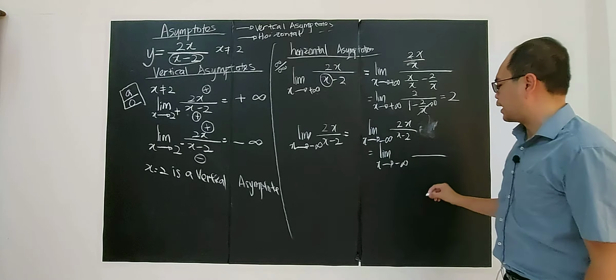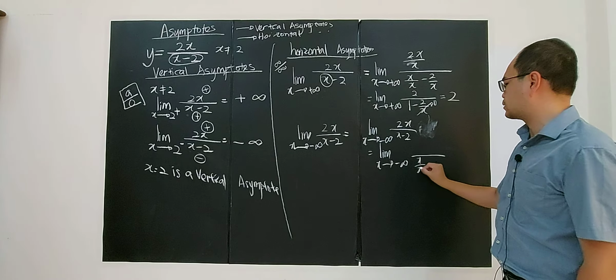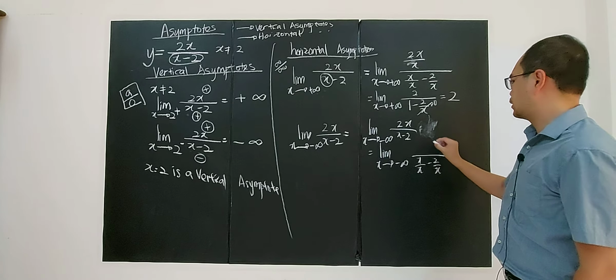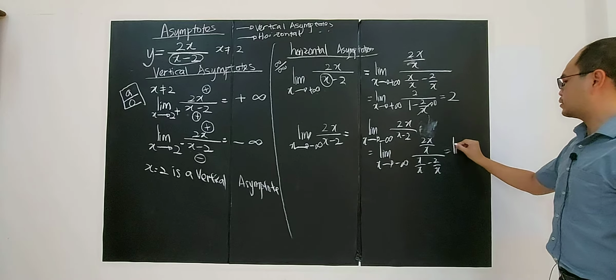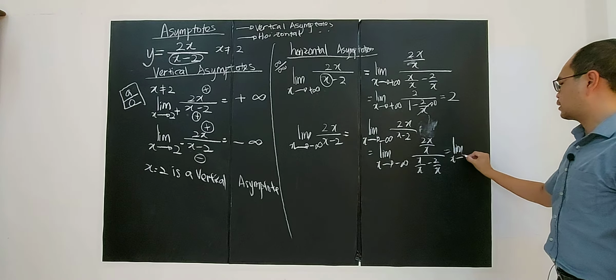I divide by x: x over x minus 2 over x, and 2x over x. Then you have the limit as x approaches negative infinity of 2 divided by 1 minus 2 over x. They are exactly the same. So this one will approach 0. As you put negative infinity here, you are getting 0. So 2 over 1, you are still getting 2.